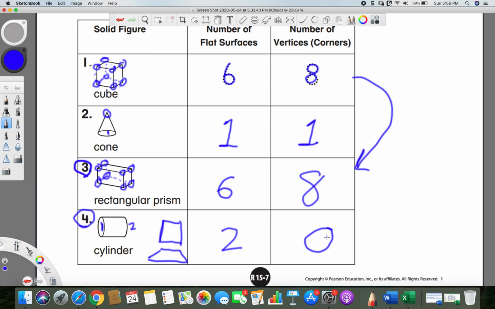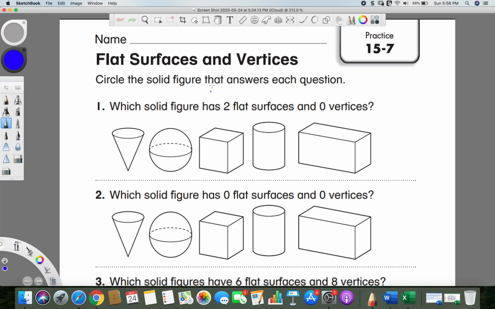We're going to go over your independent assignment, what you're going to do on your own today. I'm going to read through it for you, and then it's up to you to do it on your own, okay? For today, at the very top, remember, it's just the back of the paper you're working on. At the top, it says practice, and number 15-7, okay?